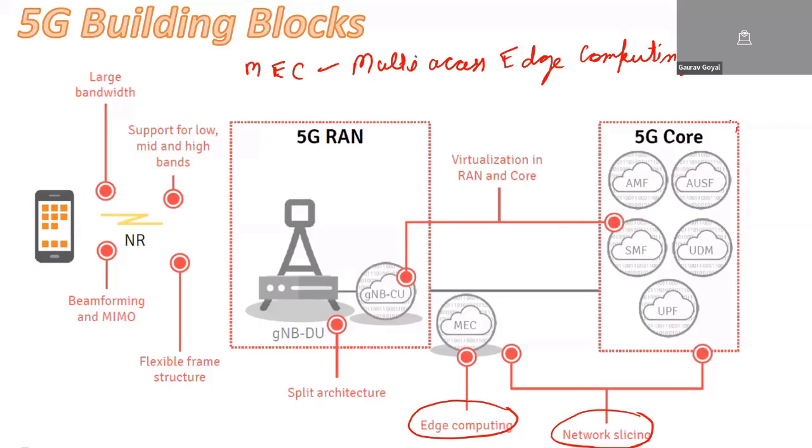Then we have this 5G core. The 5G core will be virtualized, running on a cloud platform. Again, flexibility and scalability. So here we are going to do virtualization in a big way in the core. In LTE and all previous technologies, we bought vendor-specific hardware and software bundled together.